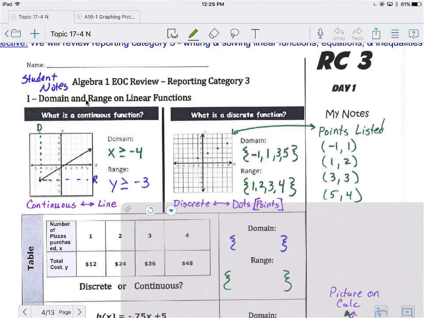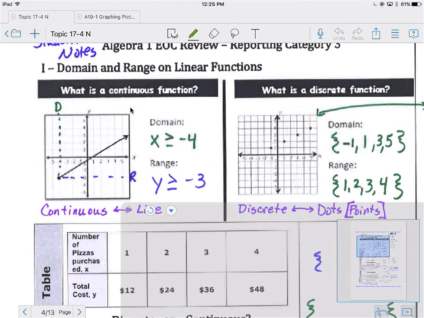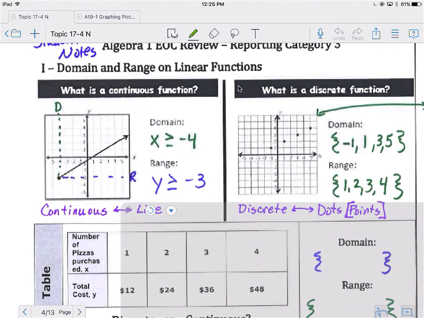The first part is domain and range of linear functions. When we look at linear functions, there are two types of functions. You can have a continuous function or a discrete function. A continuous function is shown with a line as written down here. A continuous is a line.